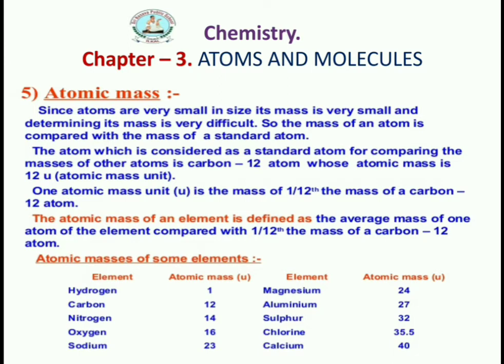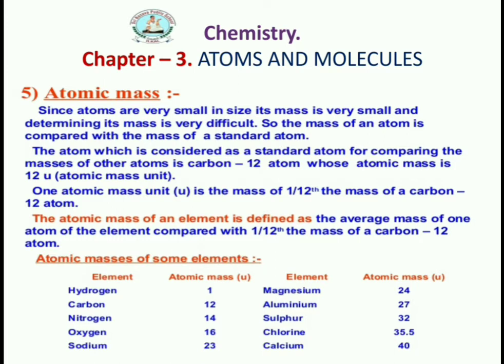One atomic mass unit is 1/12th the mass of a carbon 12 atom. So they are comparing and taking that standard mass of the atom. Here the standard mass of the atom of carbon is 12.